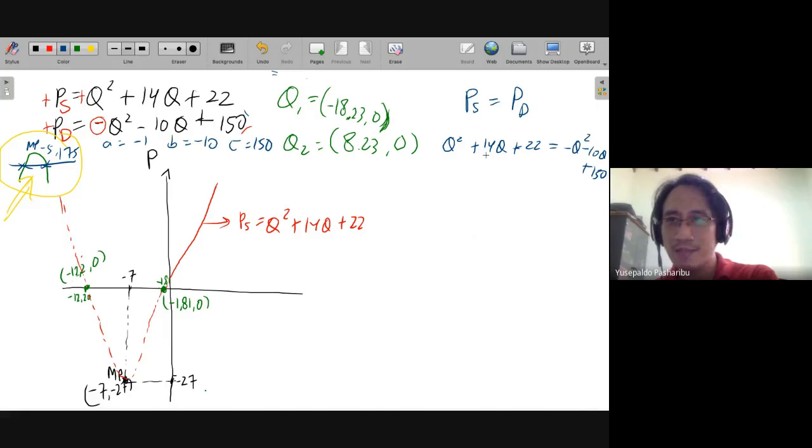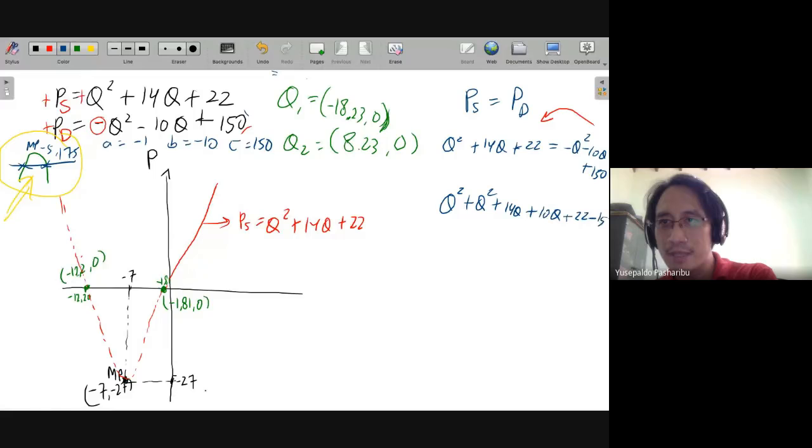Let's put it all on one side. So Q squared plus Q squared, move this part to that side. Minus Q squared becomes plus, 14Q, this one minus 10Q becomes plus 10Q, plus 22 minus 150.